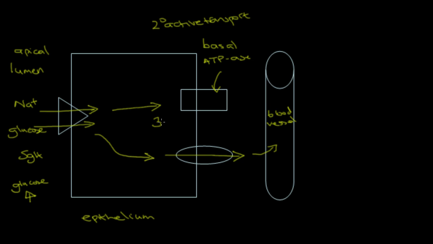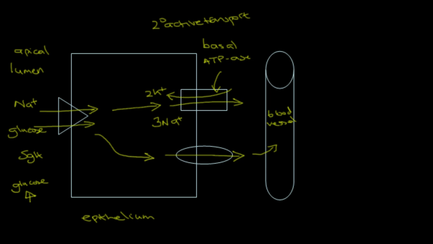So you get 3 sodium moving out of the cell, and as a consequence you'll get 2 potassium moving into the cell. So the sodium's moving against its concentration gradient, so it needs this energy in order to do so. So it's using ATP, which is going to be cleaved, creating energy in order for this pump to be able to move things against their concentration gradient.